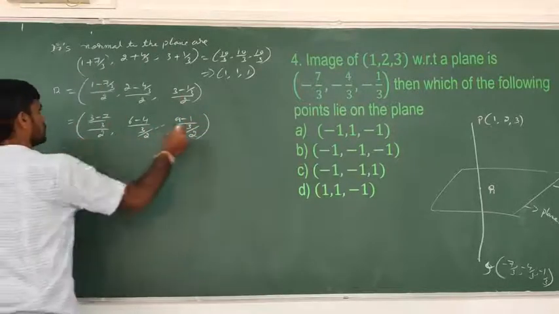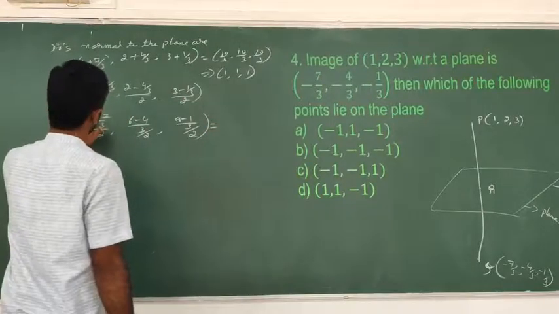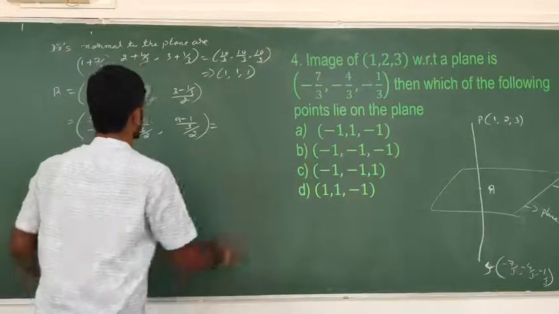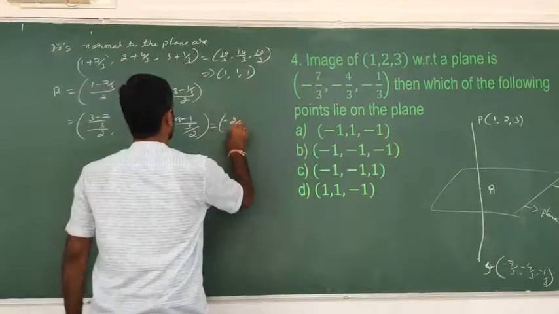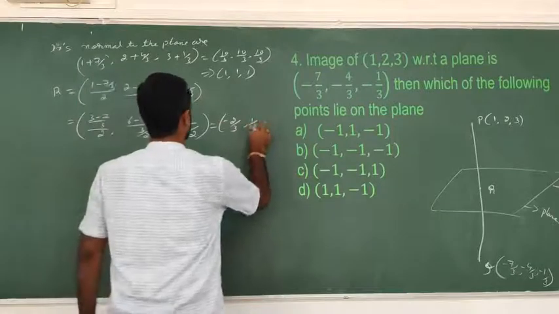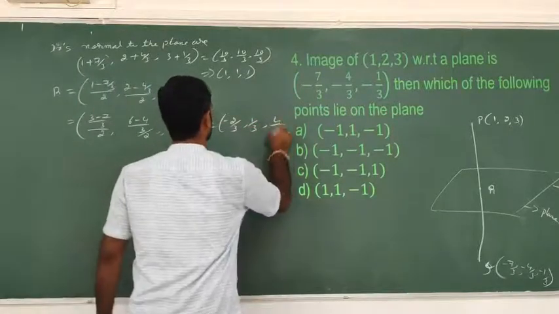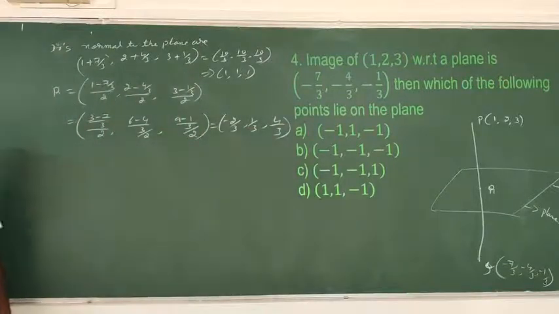Therefore this is equal to minus 4 by 3 divided by 2, that is minus 2 by 3, comma, 2 by 3 over 2 is 1 by 3, comma, 8 by 3 over 2 is 4 by 3. So R is minus 2 by 3, comma, 1 by 3, comma, 4 by 3.